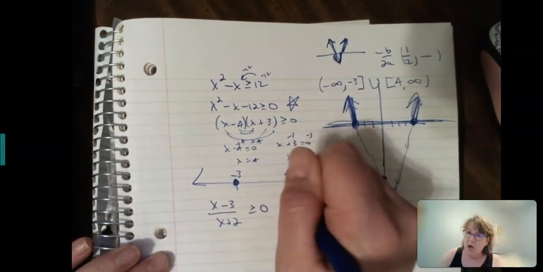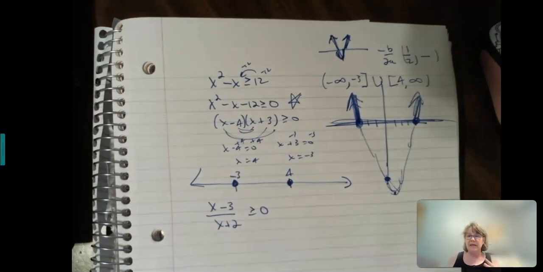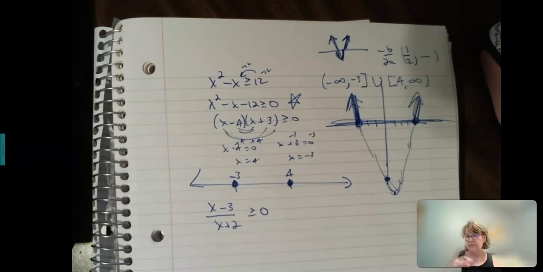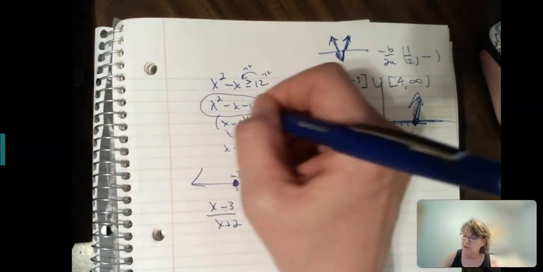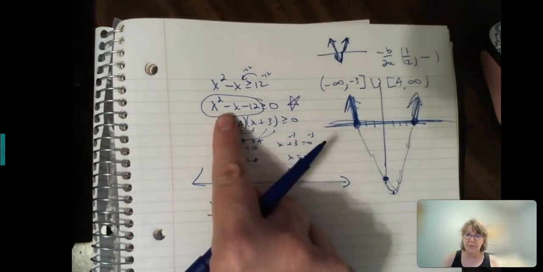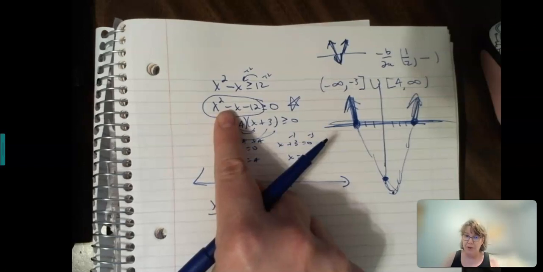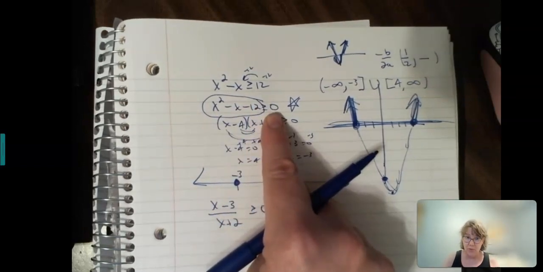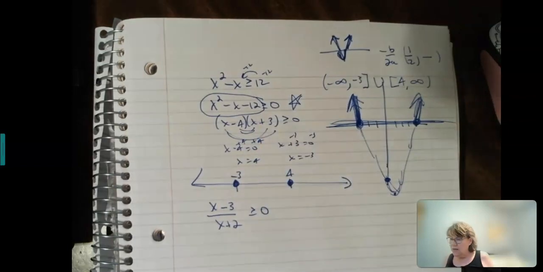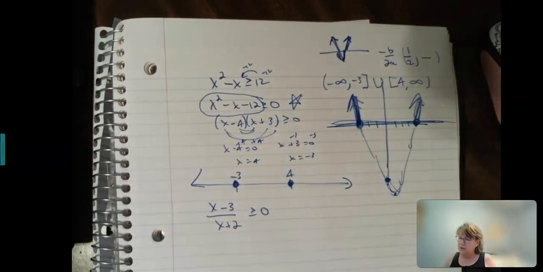In this method, you're going to test points to see if it has a positive or negative behavior. This is my function. We sub in an input, and it spits out an output. We're looking for when the output is either equal to 0 or positive.